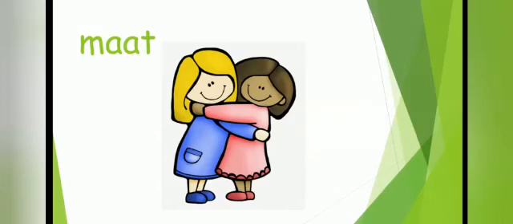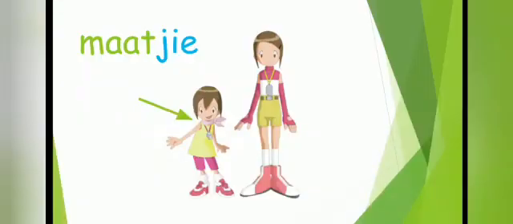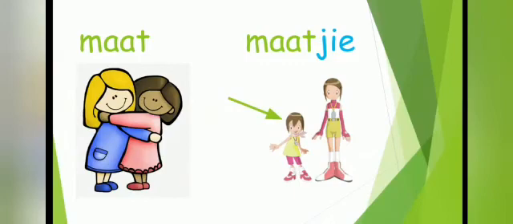You can see these two girls are the same size. What do you think if you had a small friend, someone who's a little bit short? What would you call that person? A maatjie. Like this girl has a small friend. She looks small, and she's called a maatjie. So you have maat and maatjie.